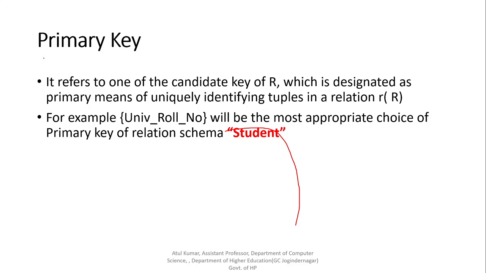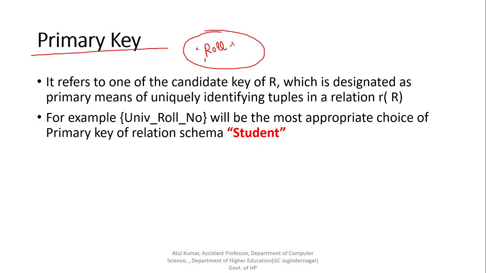Next key that is very important in a relational database and ER model is the primary key. In the ER model, suppose the primary key is roll number, so we write roll number and underline it.